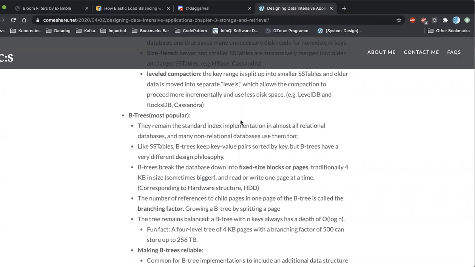But is there an overhead to maintain all these levels? For the compaction to happen, the compaction logic should know all these levels, right?